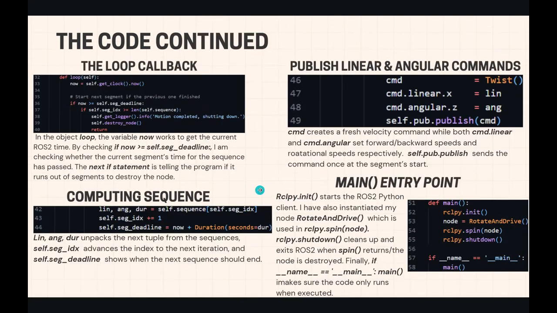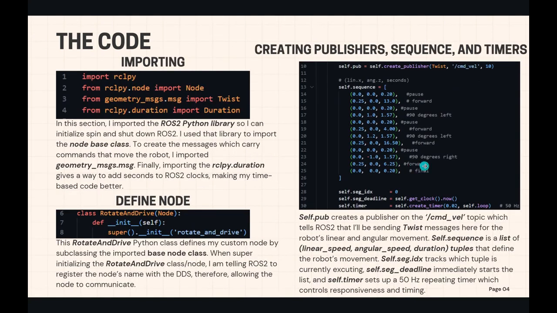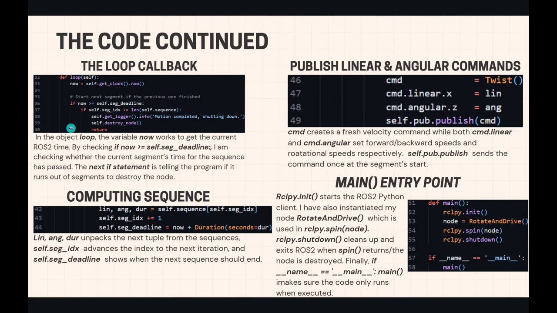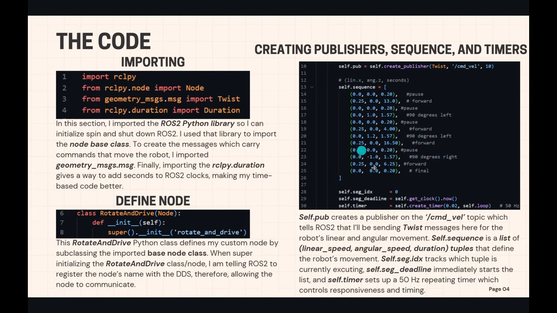So continuing the code, I have this loop callback. I have the now variable, which is telling ROS the current time, and we can see going back and forth between these two. With this if statement, the now variable is checking the deadline, which shows when the next sequence should end. So these lines are going to be my sequences.